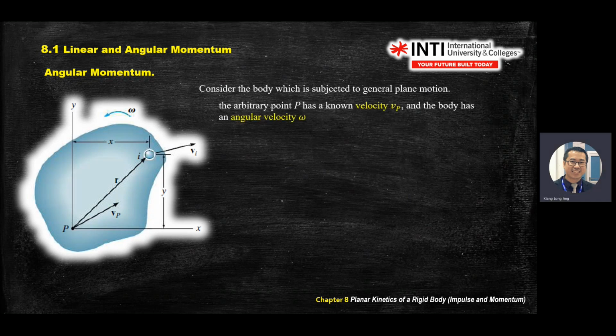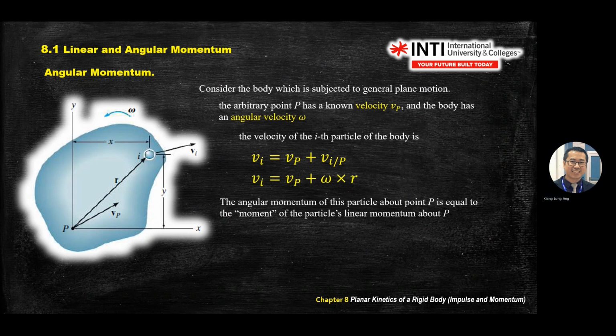The rest you can read from the slides. Basically it's the same, you deal with vectors. From P to I, if you draw the vector, Vi from P will be Vi minus Vp. So you write the equation as Vp plus Vi relative to P equals Vi. This is a vector problem.